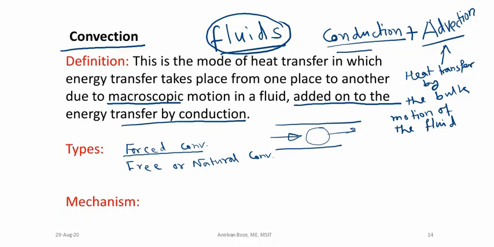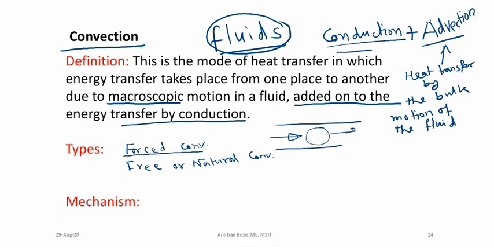Okay, and free convection heat transfer is the natural flow caused by a temperature gradient. Because of the temperature gradient, density gradients occur, and because of that fluid flow is created.